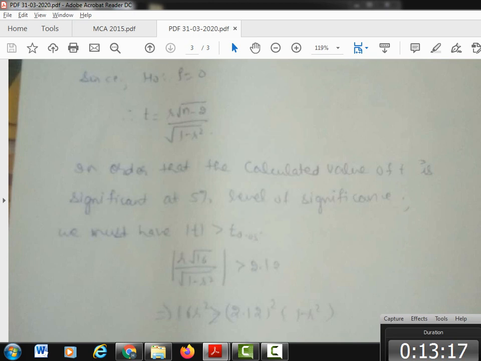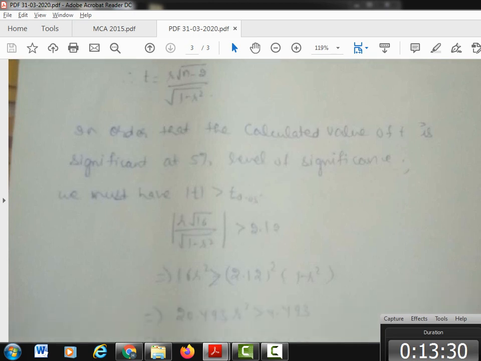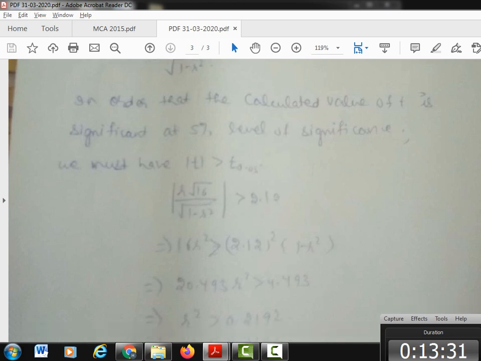So I put in the value of n as 18, and write r times the square root of 16 over the square root of 1 minus r square is greater than 2.12. If I square both sides, 16 r square is greater than 2.12 whole square, and the factor which I have written in the denominator goes to the right hand side and reduces to 1 minus r square, because I have done squaring on both sides, so the square root vanishes.